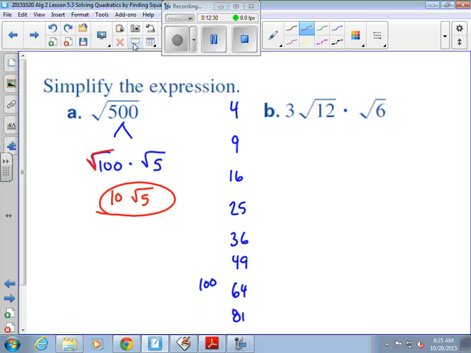Okay, for this one, it says 3 times the square root of 12 times the square root of 6.